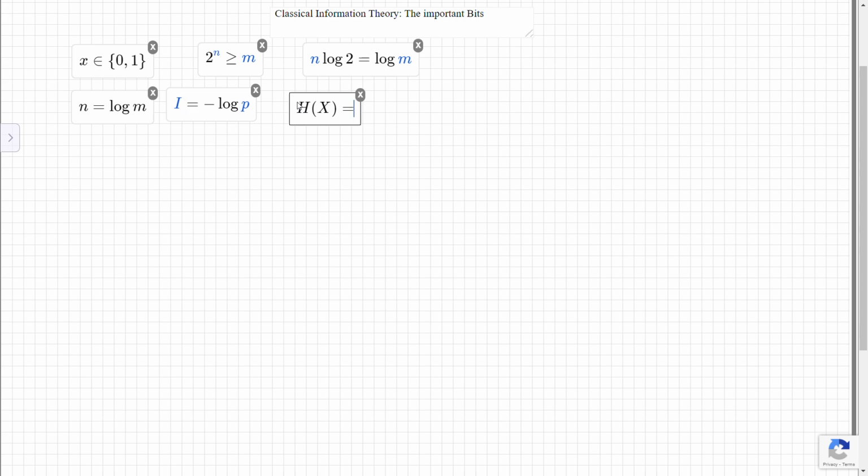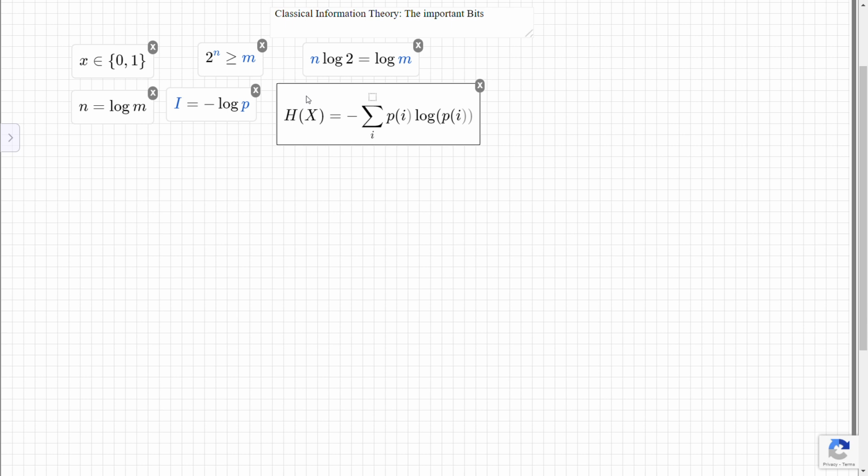So you can write this as minus the sum of pi log of pi. Okay, so this is how the entropy is defined. So for a message, this is what the entropy is going to be.